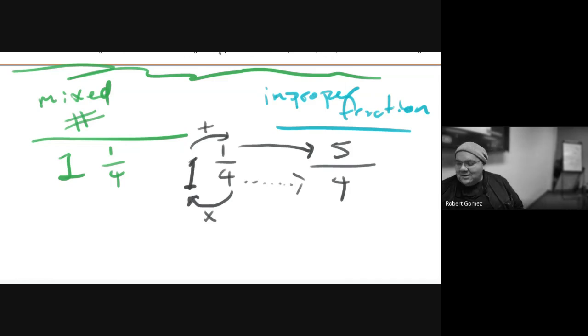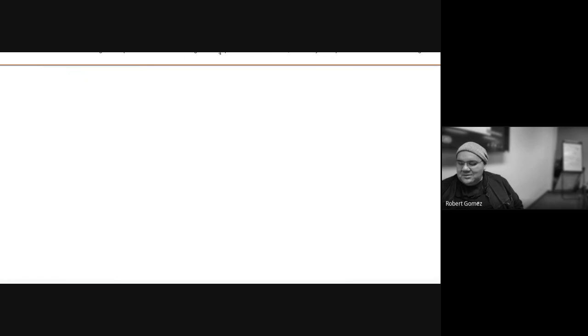Okay, now let's talk a little bit about equivalency, okay? One of the things you're going to have to know how to do is check if fractions are the same, right? We just did a lesson on factoring and finding multiples, over the last 2 weeks.